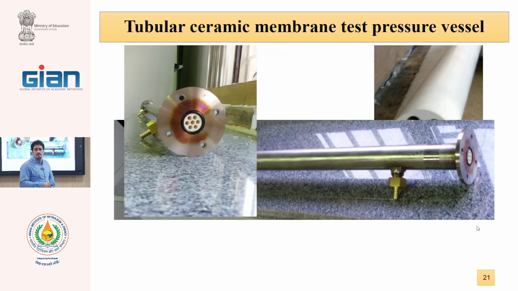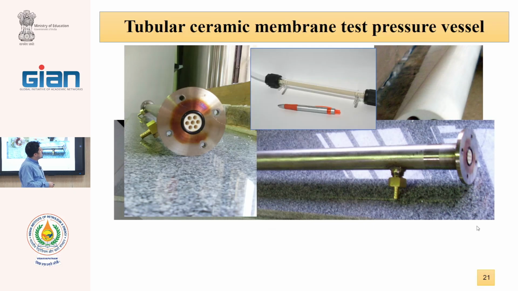For ceramic membranes, we also prepare this similar to the hollow fiber modules, only we have one tube here. Okay, we can use a plastic tube or ceramic tube. For sealing, we have an O-ring, the similar one.